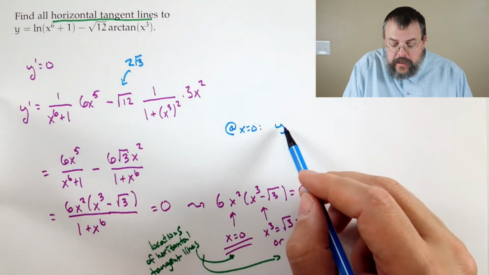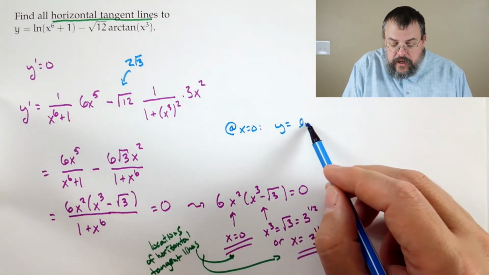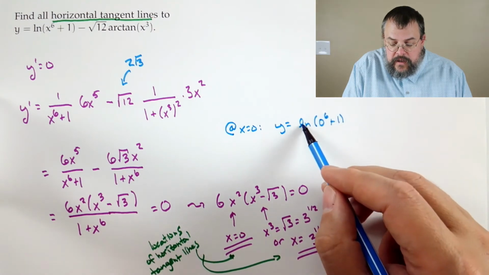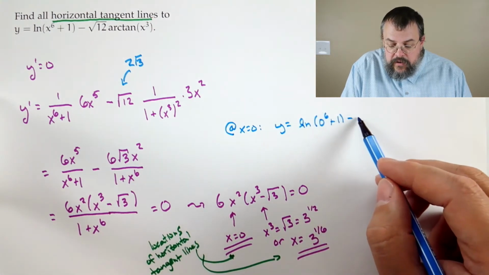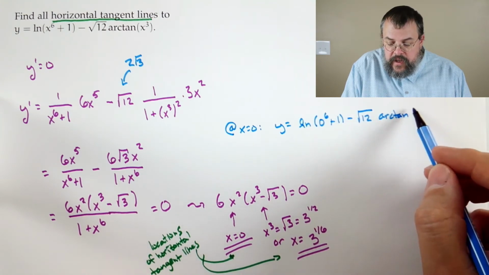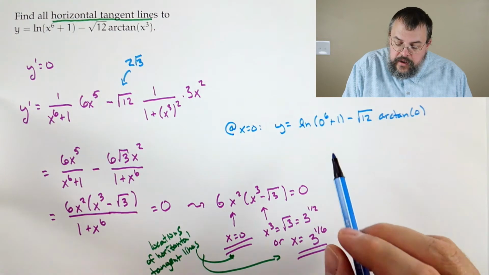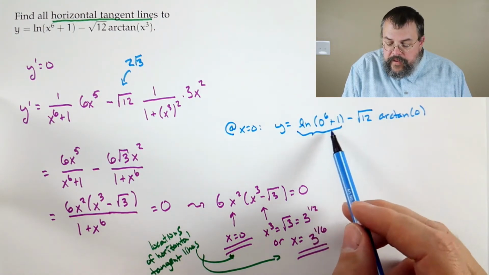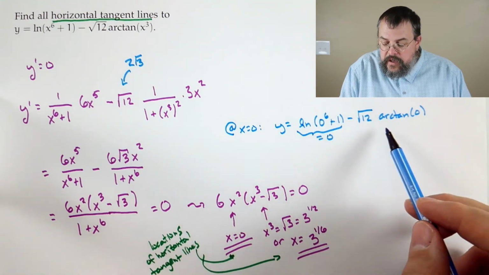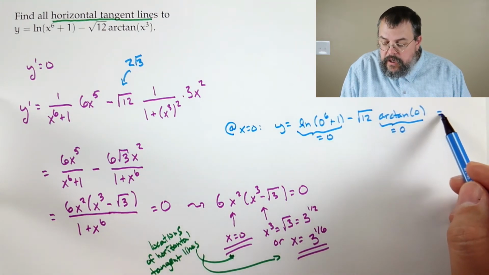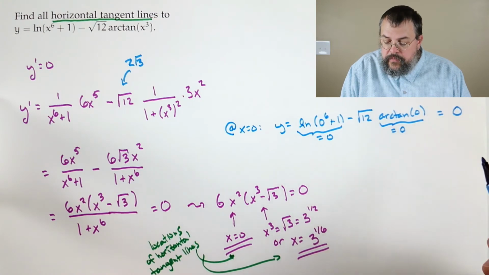We get y equals the natural log of 0 to the 6th plus 1, and then minus root 12 times arctangent of 0. Well, log of 0 to the 6th plus 1, that's log of 1. That's equal to 0. Arctangent of 0 is also equal to 0, which means we get 0.